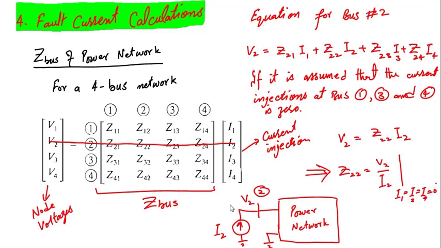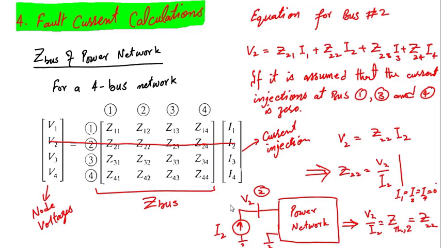The ratio of that voltage to current is an impedance, and that impedance is known as the Thevenin impedance between node number 2 and the reference. We can write it as V2 over I2. It is actually the Thevenin impedance between node number 2 and the reference, and that is equal to, from the above equation, Z22.